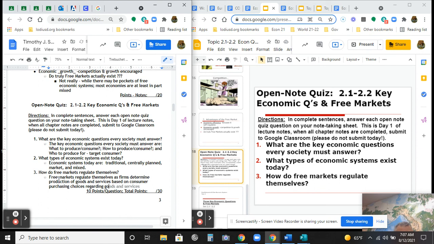In other words, each company is going to decide what to produce, how much to produce based on how much is purchased.